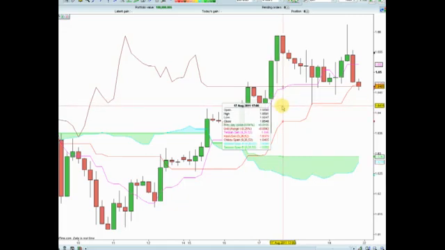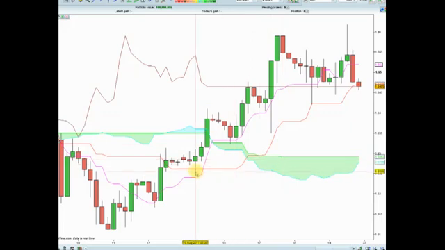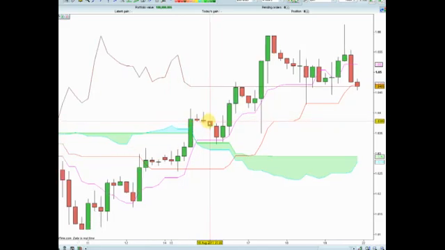Now, as with other chart formations, strangely enough, once you break through, the cloud will then be used as support and resistance. And we can see here, this is the 4-hour cloud. We break through, we consolidate with some inside red candles, we come down, and then she hits this cloud support and rallies up.